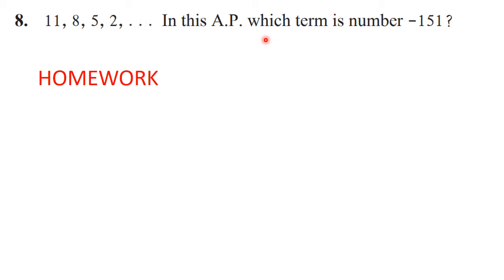And they have asked which term is minus 151. So you have to consider this as Tn. So what you will write, let Tn is equal to minus 151 and which term means you have to find value of n. Okay, so it is similar to question number 6.